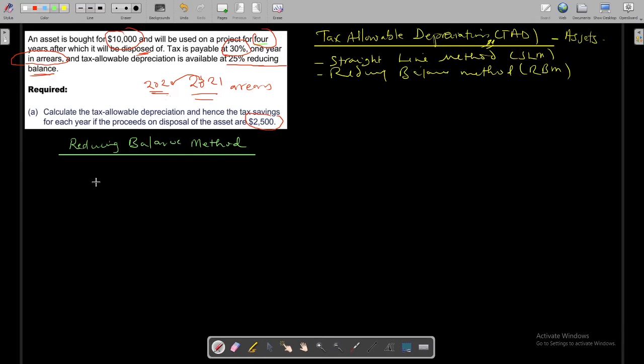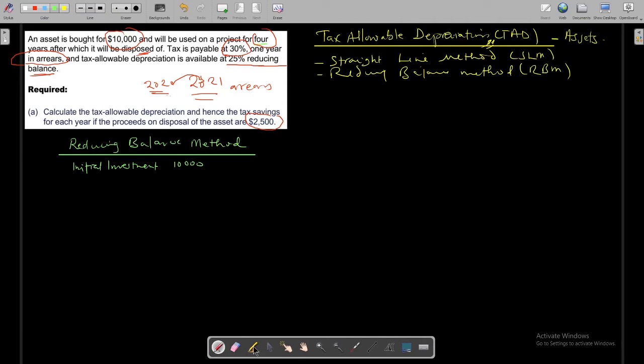So we start with the initial investment, which is $10,000.